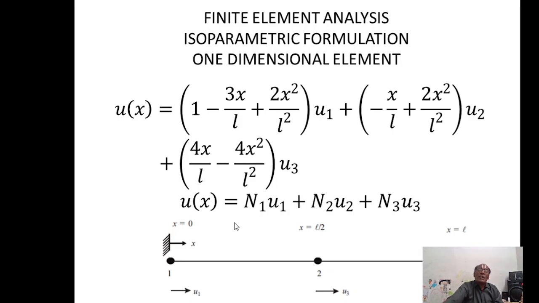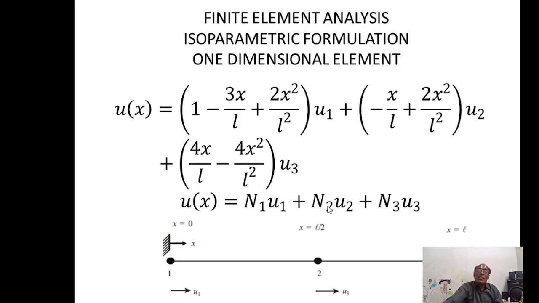Now this is what you call the shape function of the quadratic bar element: N1 u1, N2 u2, N3 u3. The deflection of the quadratic bar element is a function of shape functions and nodal displacements. N1 is the shape function, u1 is the nodal displacement of node 1.